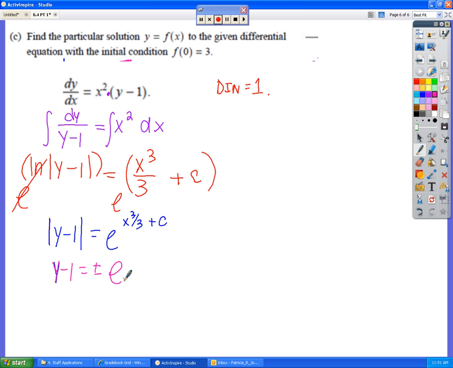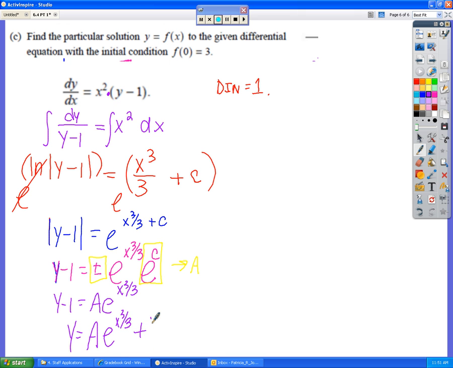We separate these terms, and we write them as common base of e. Then from there, we are going to highlight the plus or minus and the e to the c and let that be a. And so now we get that y minus 1 is equal to a e to the x cubed over 3. And therefore, y is equal to a e to the x cubed over 3 plus 1.